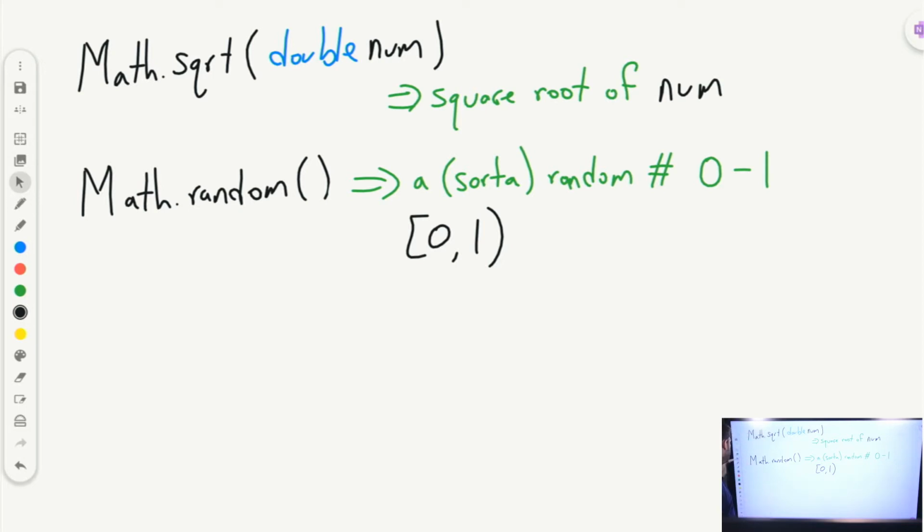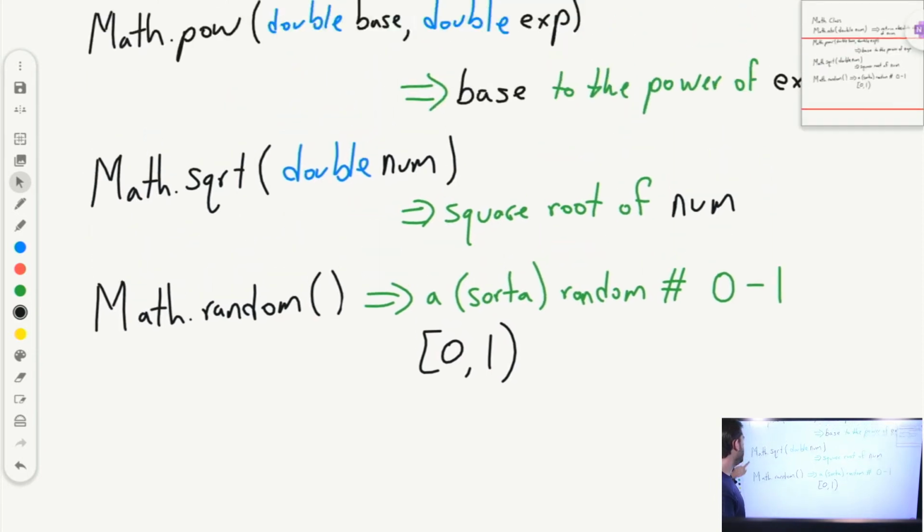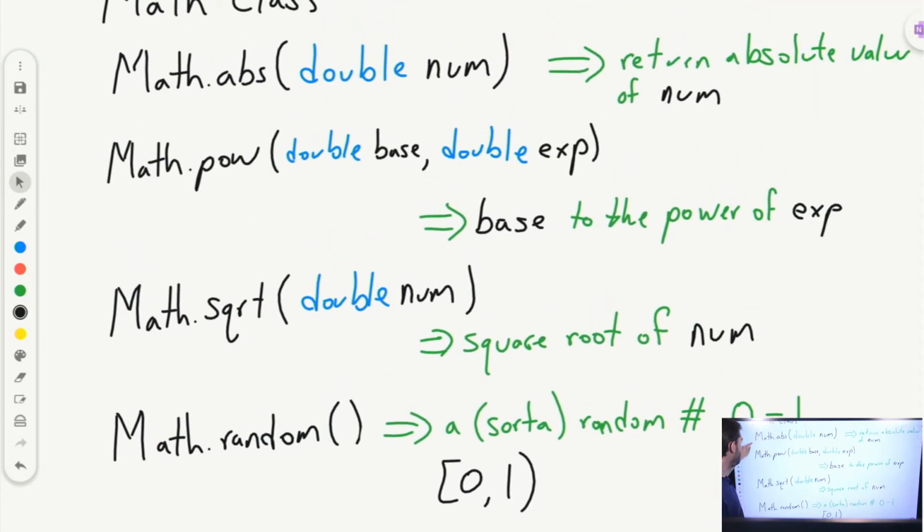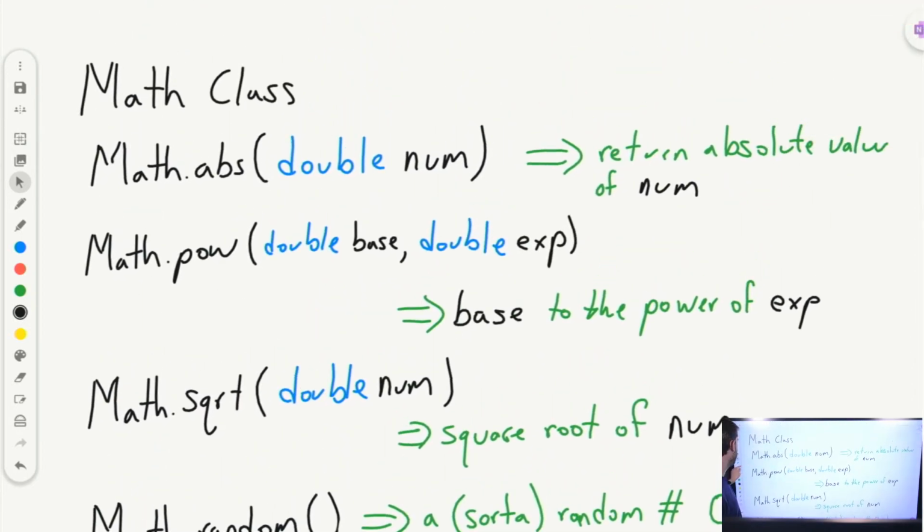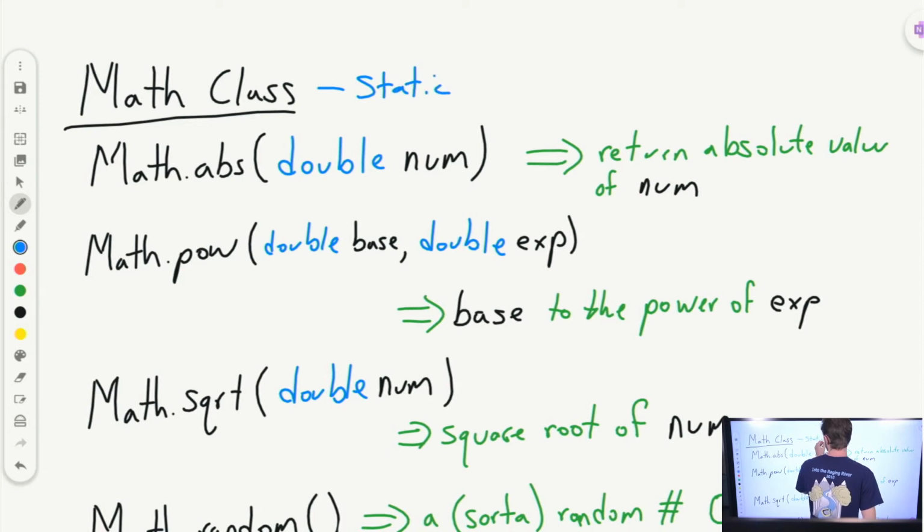Okay, how do we use these? What do they look like in use? The key is that we don't have to instantiate our Math class in order to use these. These are what are called static methods.